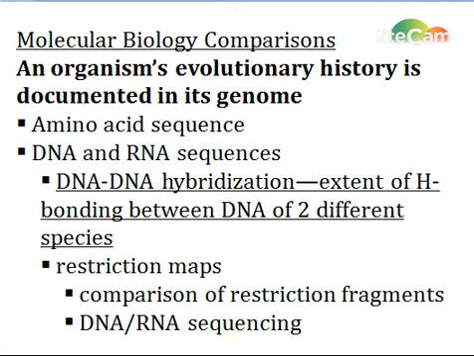So listed on this slide are different ways that molecular data is used to compare different species. In some regions, actually the rate of change in DNA sequences really varies from one part of the genome to another, and that's a very useful fact. So for example, with ribosomal RNA, there's a very slow change that occurs. And that makes it useful when you're investigating relationships between taxa that diverged hundreds of millions of years ago.